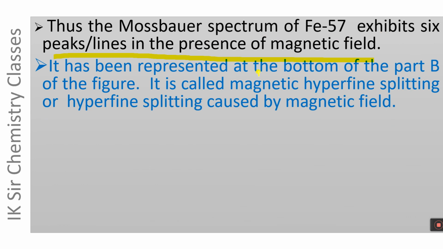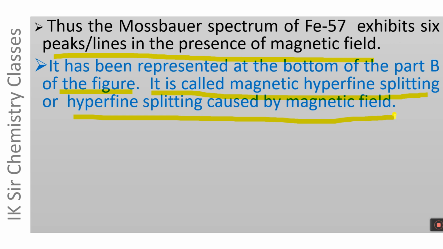It has been represented at the bottom of part B of the figure. These absorption peaks or absorption lines have been represented at the bottom of part B of the figure, and the splitting of a spectral line in the Mössbauer spectrum by a magnetic field is called magnetic hyperfine splitting, or hyperfine splitting caused by magnetic field.